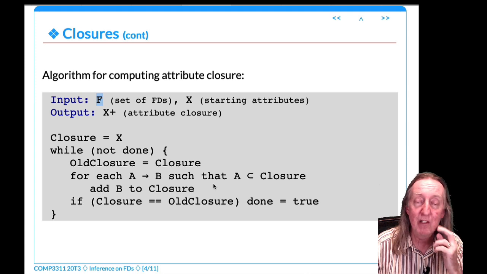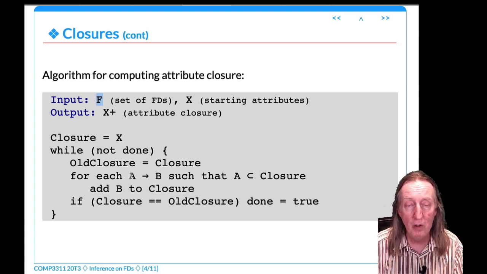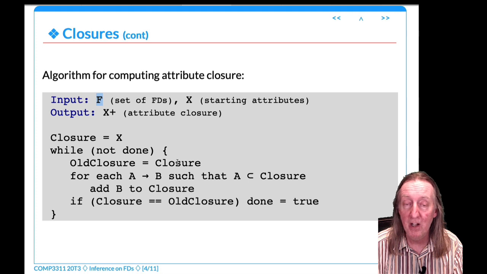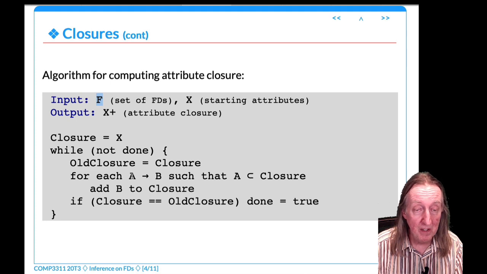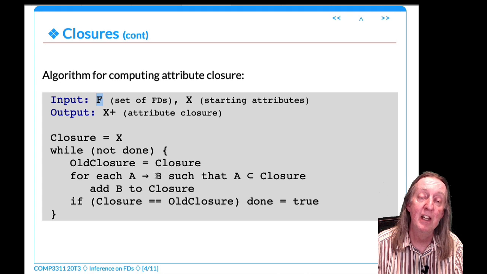And what we're looking for is any functional dependency where all of the attributes on the left-hand side already appear in the closure. And once we find such a dependency, since the things on the left-hand side determine the things on the right-hand side, we can add the right-hand side to the closure.